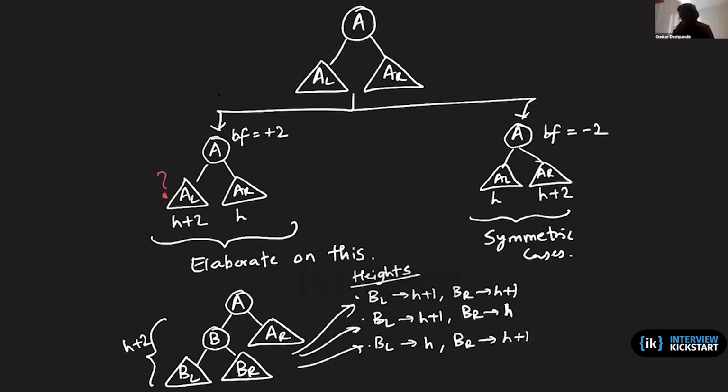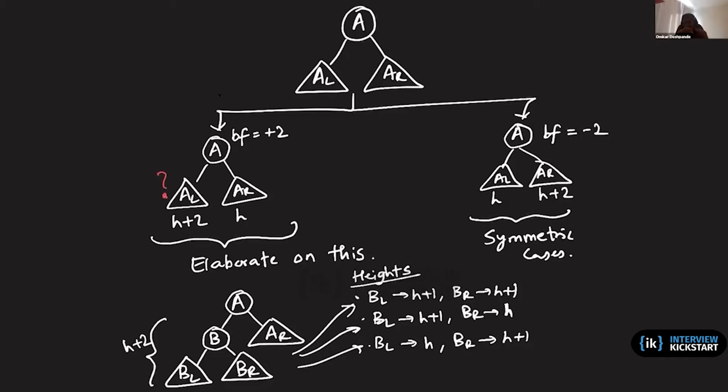It could be +1 or -1 or 0. That's why we actually have these three cases, because the balance factor at B could be any of those three. Yes, we are analyzing the first case where B sub L is h+1, B sub R is h+1. So yeah, the balance factor at B has to be 0 because the left subtree height is the same as the right subtree.